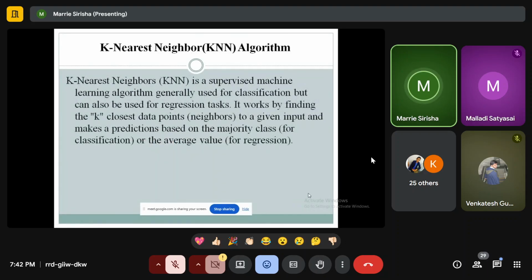Next, in algorithms you have different types, particularly in supervised learning. The first one is KNN, also known as K nearest neighbors. It is used in classification and also regression. Basically your entire second unit is based on classification, but these algorithms can also be used in regression. K nearest neighbor we will particularly use in classification, though sometimes we may need this algorithm in regression also.